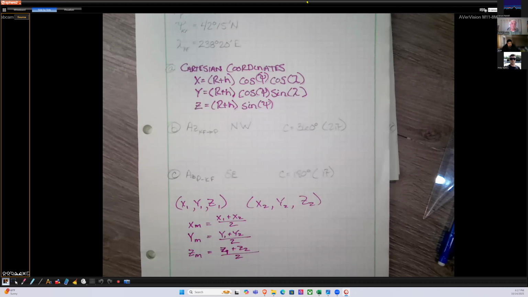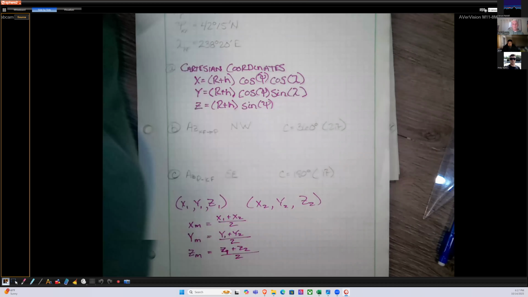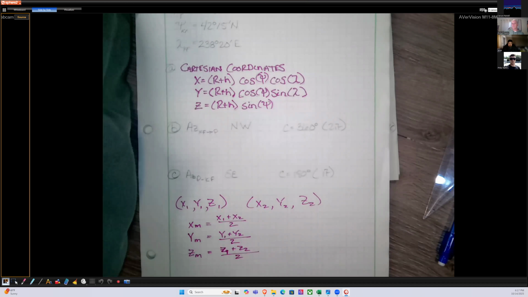They all mean the same thing: Cartesian coordinates, Earth-centered, Earth-fixed, XYZ. So does that clear up that question? Yeah, I think that just about solves that. Okay, cool.